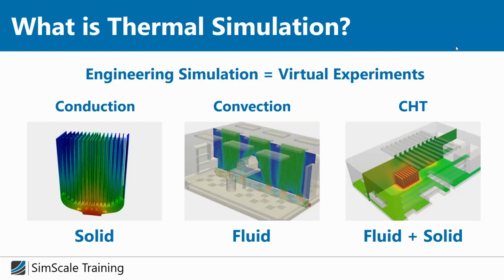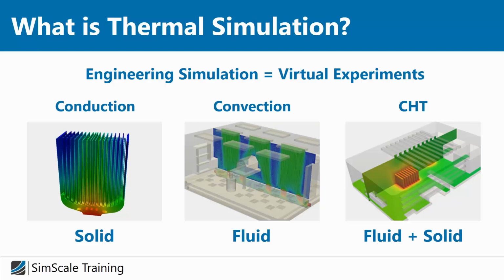And there's even a third kind of simulation, which we call conjugated heat transfer. And basically, conjugated heat transfer combines the best of both worlds. All the CHT simulations are basically coupled simulations: we are coupling a solid heat transfer simulation with a convective heat transfer simulation.